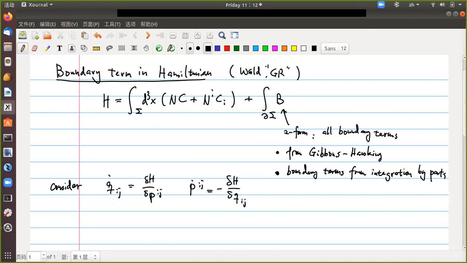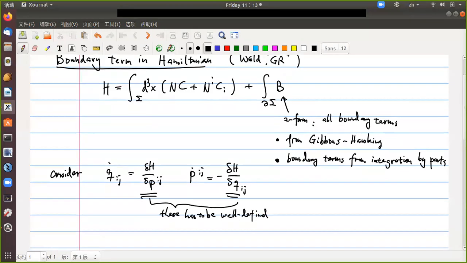You have to be able to compute this quantity, so it has to be well defined. Here it is the variational derivative of H with respect to all those variables, and it has to be well defined.